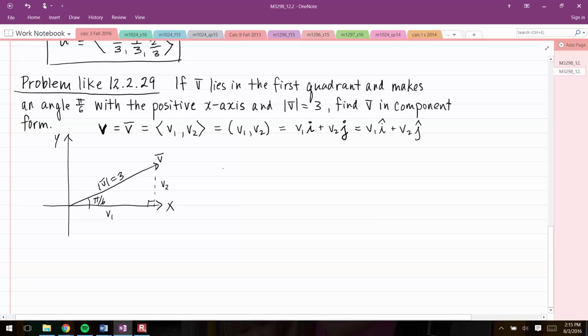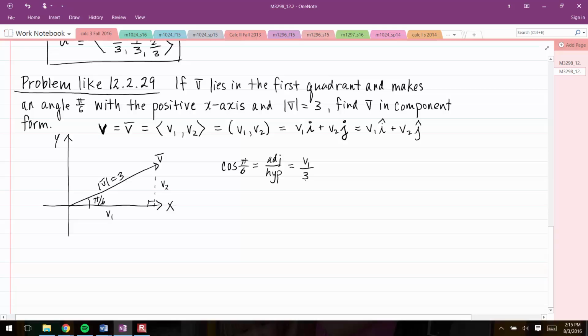So it makes sense for v sub 1 to look at the cosine of pi over 6, because that is adjacent over hypotenuse. Our adjacent edge is v sub 1, and our hypotenuse is the magnitude of the vector, 3.